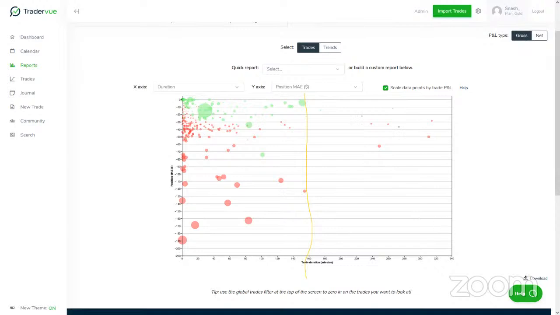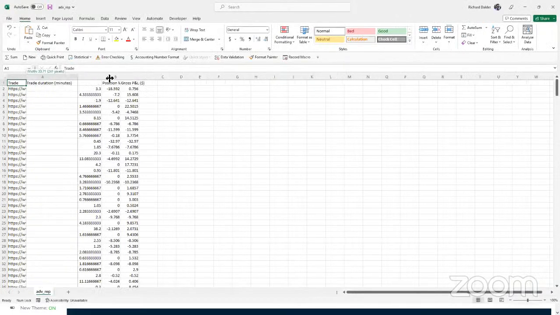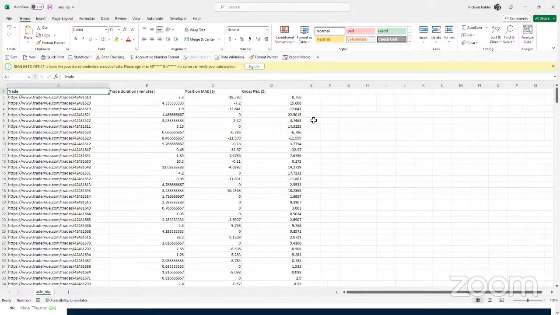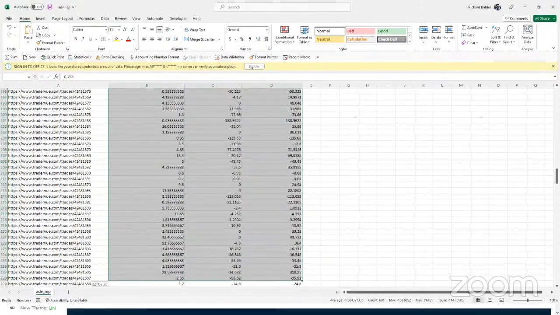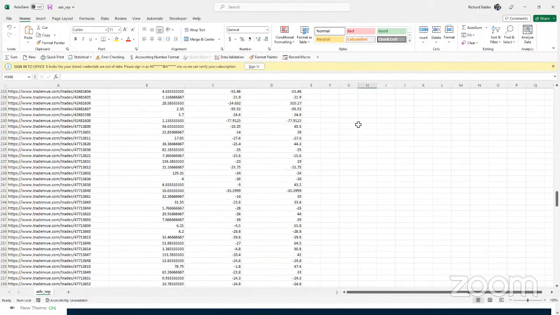Something I think is worth mentioning is that you can download all of this information here. When you click download, you will see a CSV. You can download this in a numeric way. And if you're really into analytical and numeric analysis of your trades, here you can play around with this, create more advanced reports and customize it on your own.